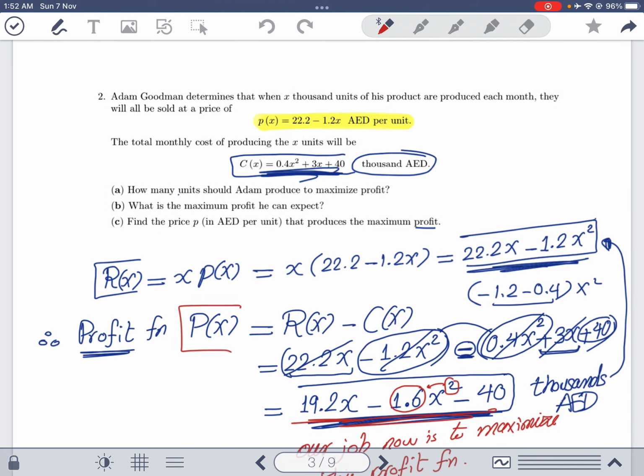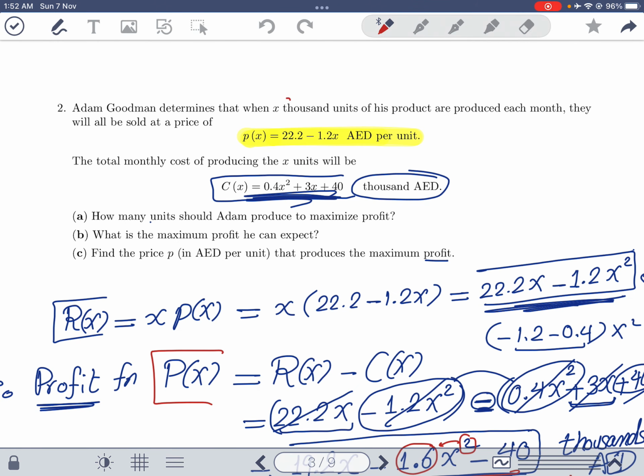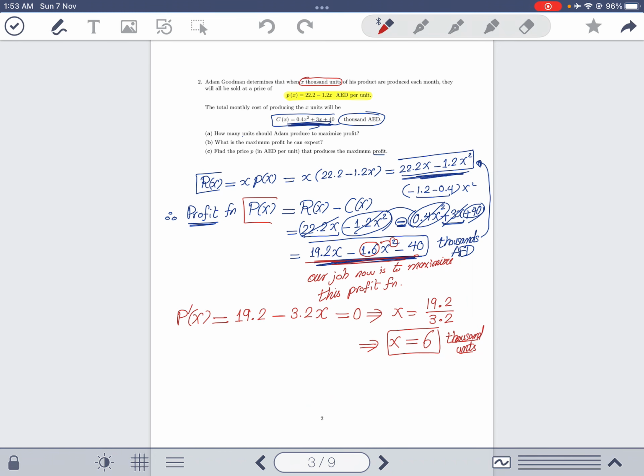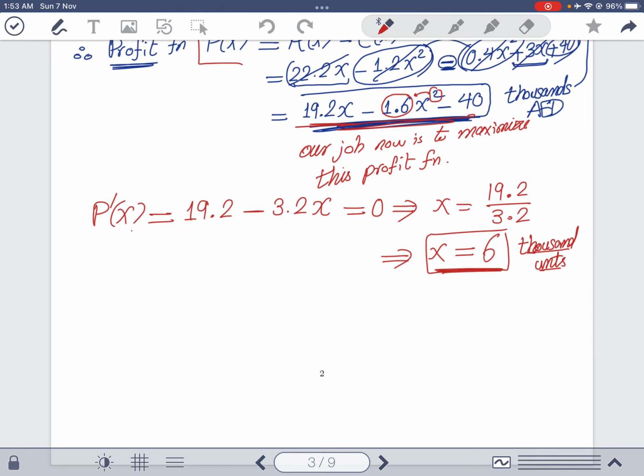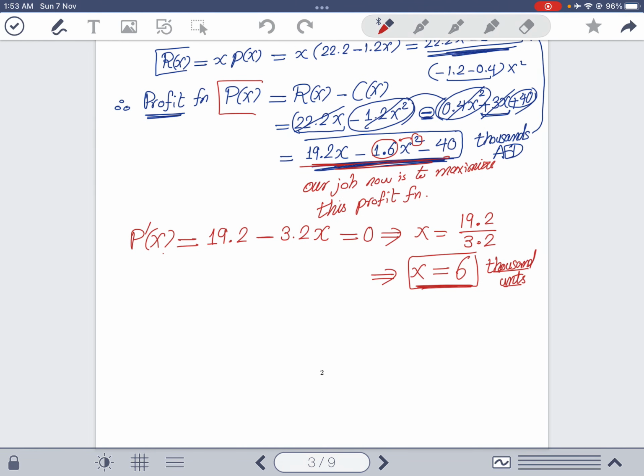And how did I know this? Because at the beginning it told me x thousand units. Whatever x you get, it's in thousands of units. So what this is telling us is, first, why is it a point where you have a maximum? Let's just check.